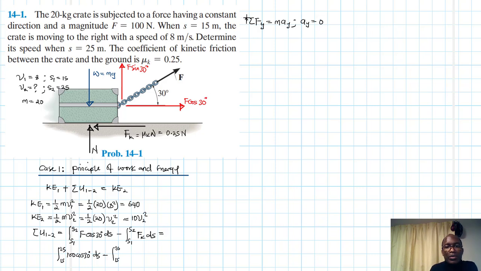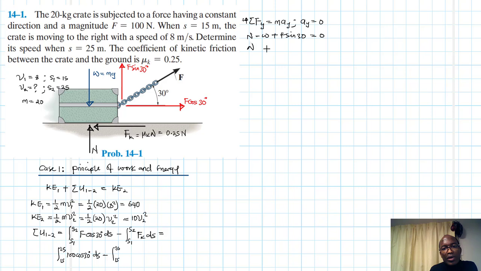Going up in our reference, we have N minus W plus F sine 30 equal to 0.